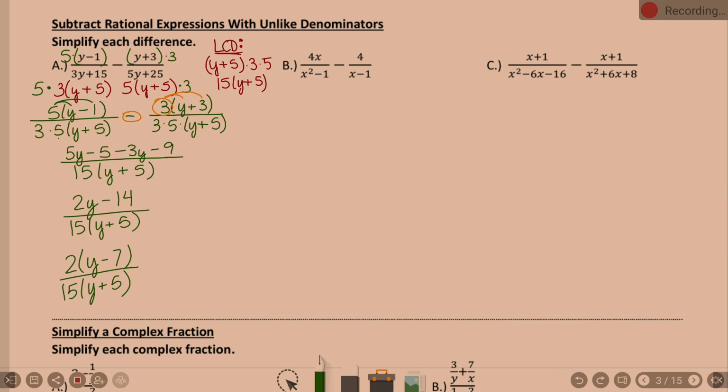Does anything cancel? No. y minus 7 and y plus 5 aren't the same. They don't cancel. 2 and 15, if that was a fraction it could reduce, we'd want to reduce 2 over 15, but 2 and 15 doesn't reduce either, does it?